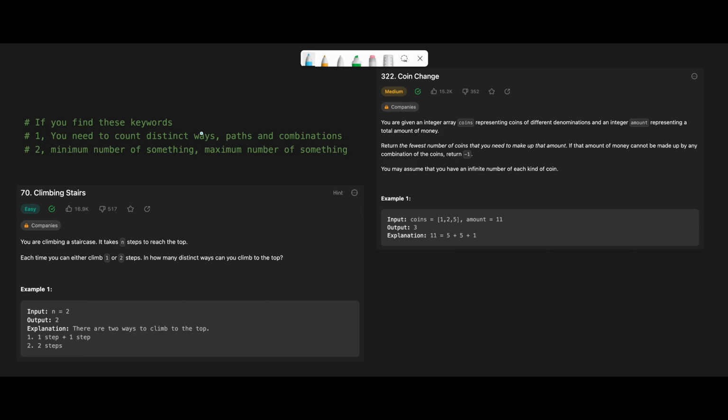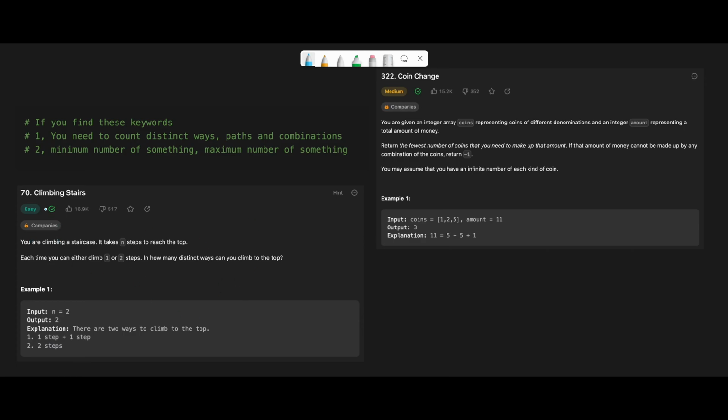The keywords are like: you need to count distinct ways, distinct paths, or distinct combinations. Or if you find a minimum number of something, or a maximum number of something, in that case there is also a possibility that you can apply dynamic programming to the question.